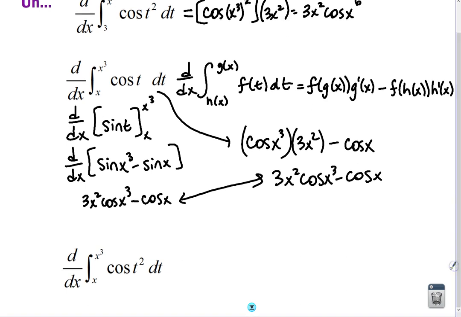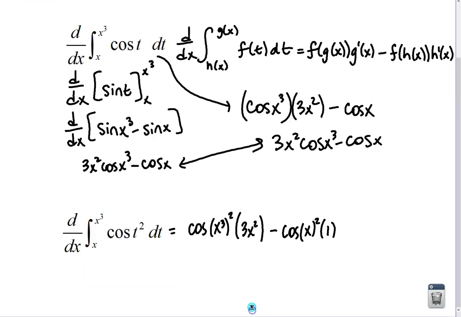Okay, let's look at this. Let's do the shortcut practice on cosine of t squared. So I'm going to have cosine of x cubed squared times 3x squared, minus the cosine of x squared times the derivative of x, which is just 1.